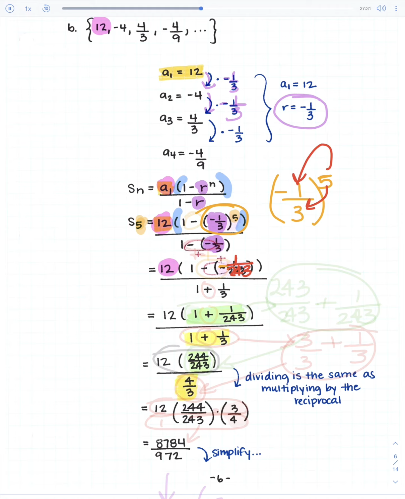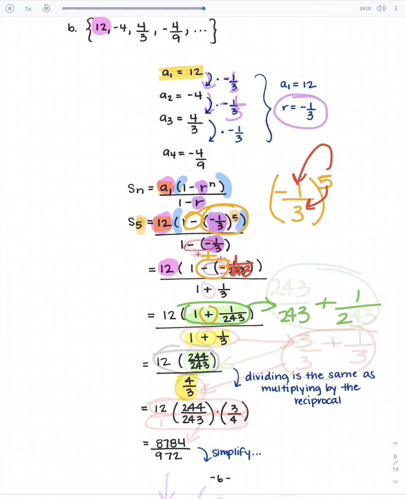The 3 raised to the 5th power is 243. Well, we did get a negative, and there was also a minus sign out in front of it. Well, a negative and a minus sign are going to turn into a plus or a positive. So we end up with a 1 plus 1 over 243. Well, in order to add those two, the 1 and the 1 over 243, you need a common denominator of 243.